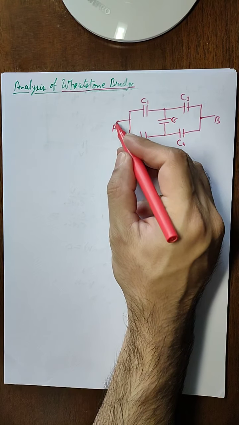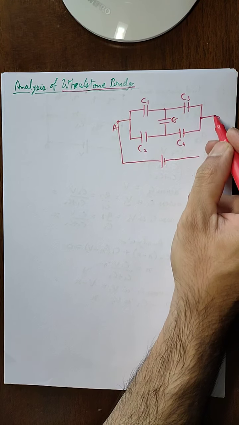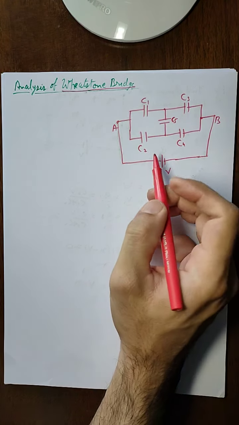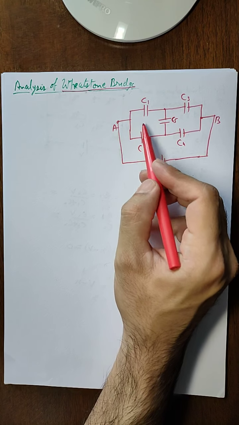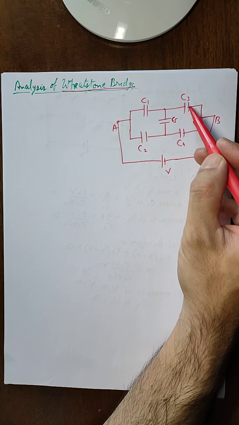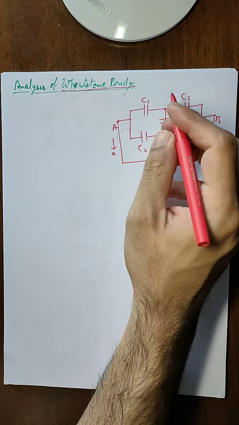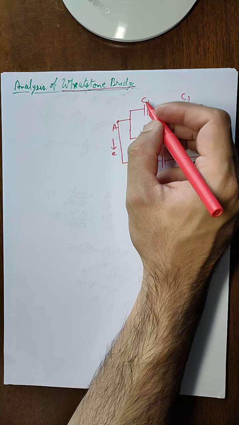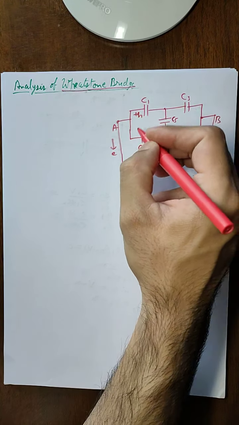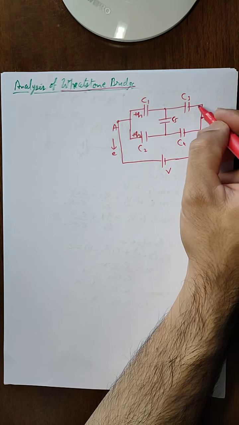Now if we connect this with a battery V, then this battery will pull charge from these two capacitors C1 and C2 and supply it to these right plates of C3 and C4. So let us say that the electrons pulled here caused a charge of plus Q1 and plus Q2 on these two capacitors and supplied these charges here.